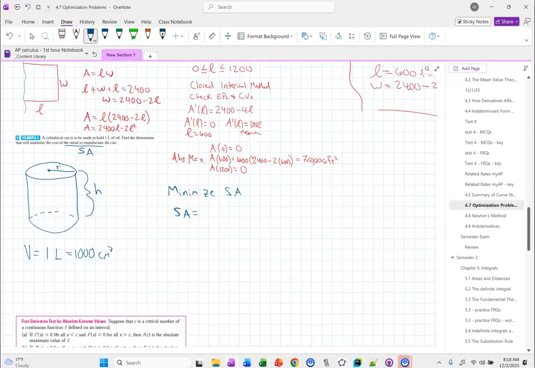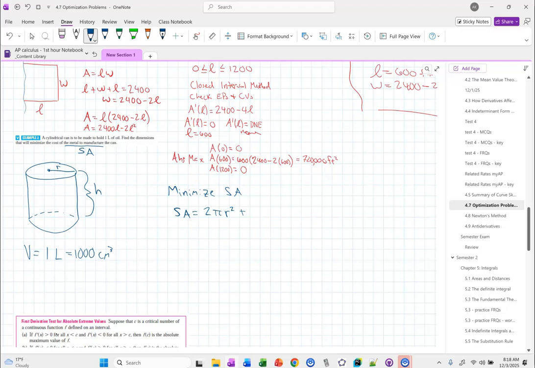So the area for the 2 circles is just pi r squared, right? One dimension of my rectangle is going to be the height, right? What's the width? It's the circumference of the circle, right?